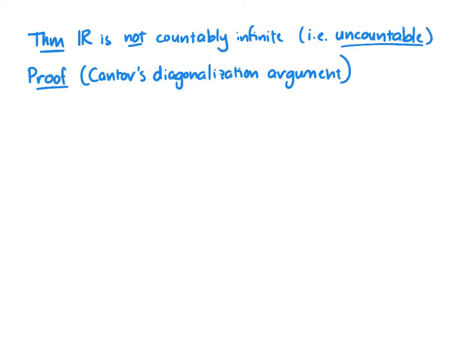We're going to do this by contradiction. So let's suppose for contradiction that R is countable.